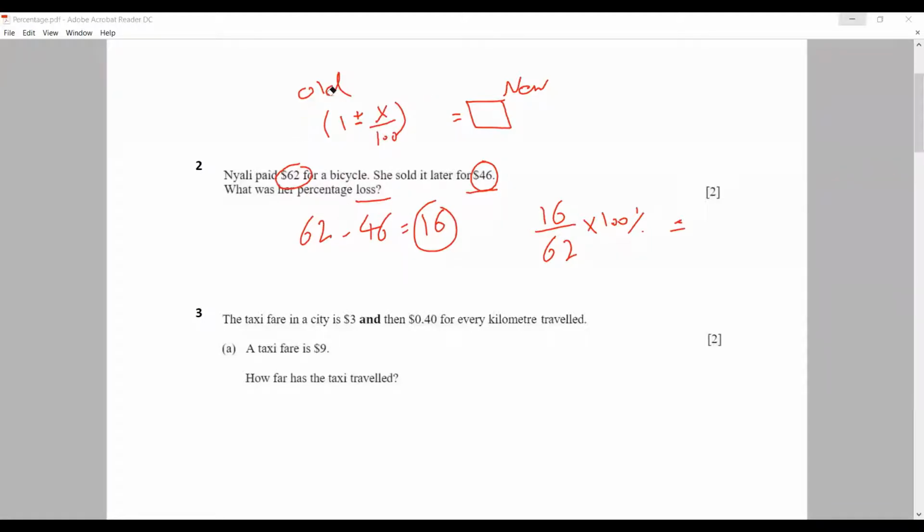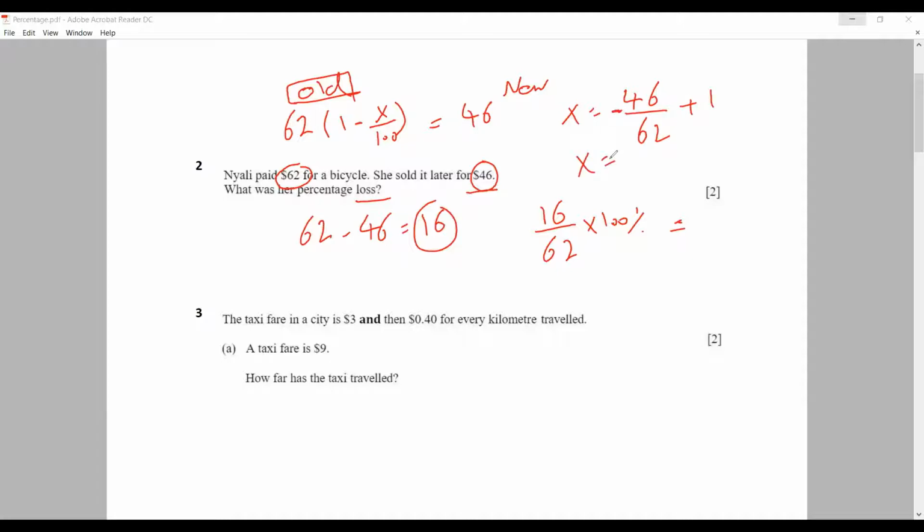And here the old is 62. Old doesn't really imply less valuable. By old, I mean before the change happens. In this case, that's the reduction in price. The new price is 46. So if you calculate this, X would be 46 divided by 62 minus 1, and this should be minus.